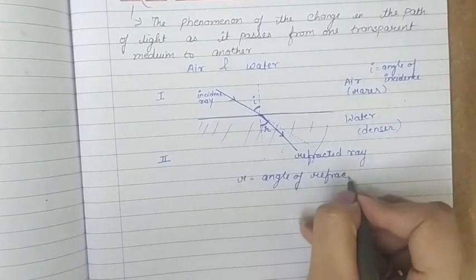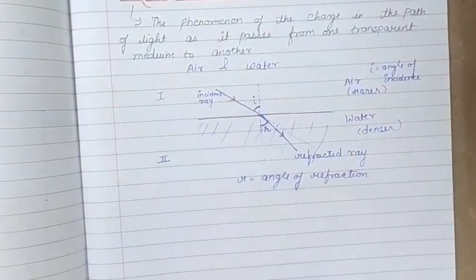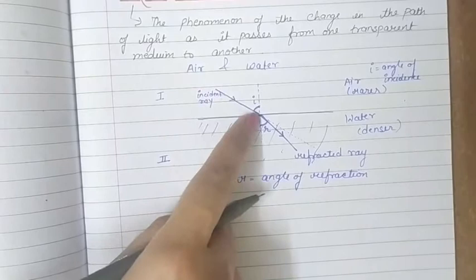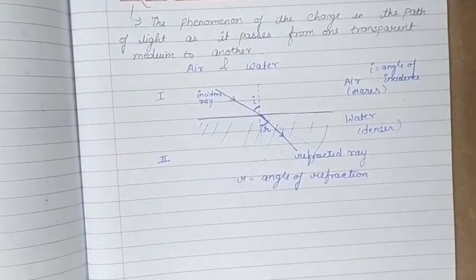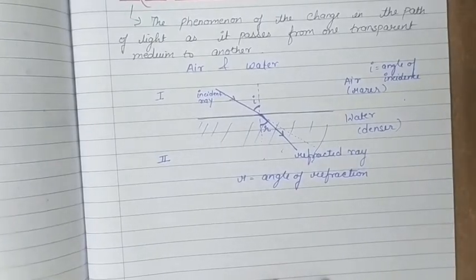So angle of refraction is the angle formed by the ray with the normal to the interface. So I is angle of incidence and R is angle of refraction. In the first medium the path of the ray is called incident ray. In the second medium it is the refracted ray, and we have to note down the point.